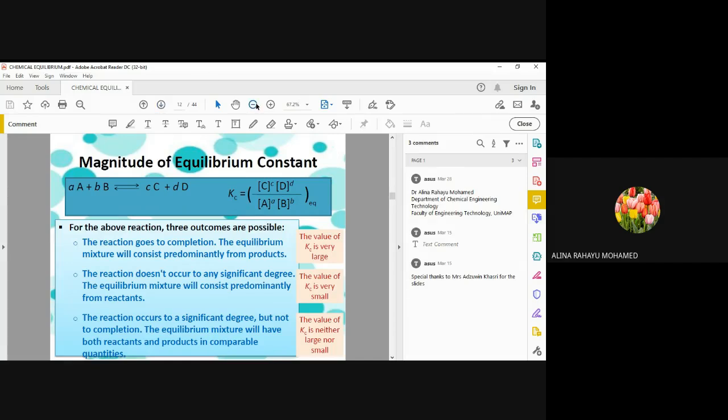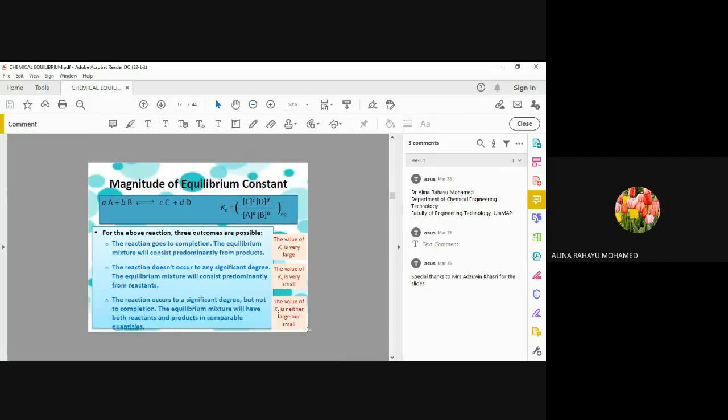If the value of Kc is neither large nor small, the reaction occurs to a significant degree but not to completion. The equilibrium mixture will have both reactants and products in comparable quantities. So we have both reactants and products if the Kc or Keq value is not large or small, it's in between.